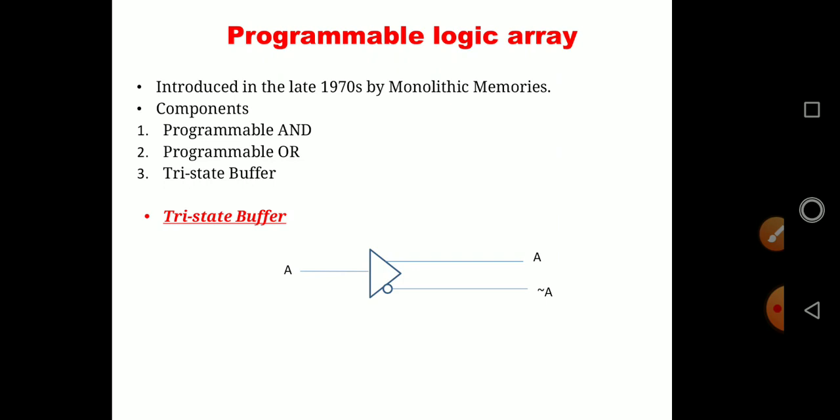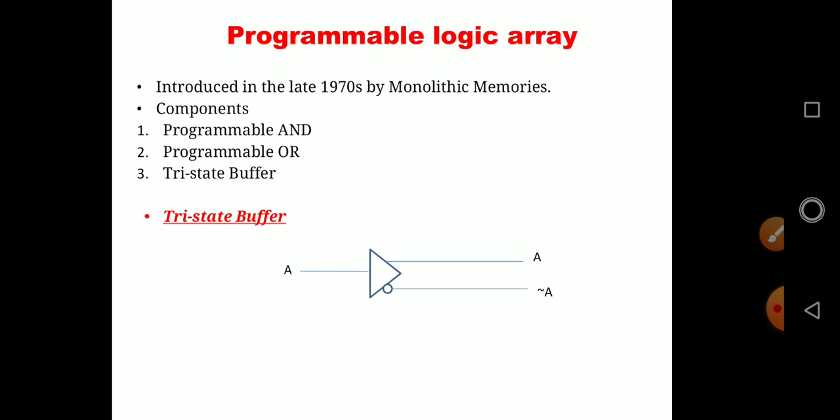The programmable logic array was introduced in the late 1970s by Monolithic Memories, and its components are the programmable AND gate, programmable OR gate, and tri-state buffer. What is a tri-state buffer? A tri-state buffer acts as both a buffer as well as an inverter.